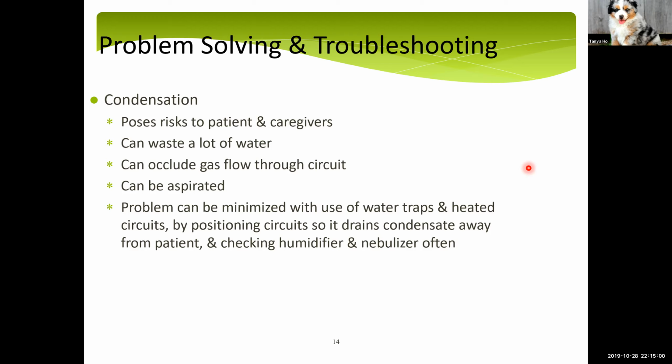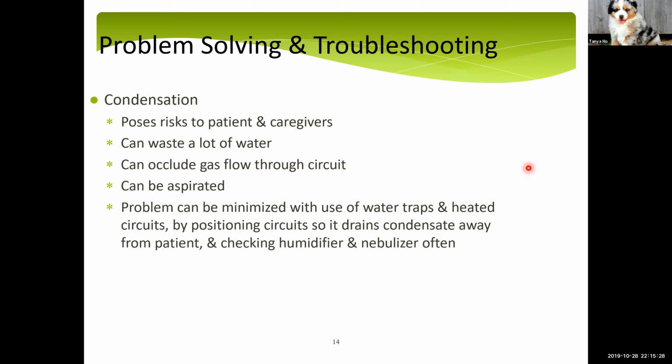Well, we add what we call water traps. So on the large volume nebulizer, for example, condensation can build up from the water droplets falling out of suspension, and also from any condensation that occurs as the gas is cooling. I'll talk more about that in a sec. But we can add water traps.